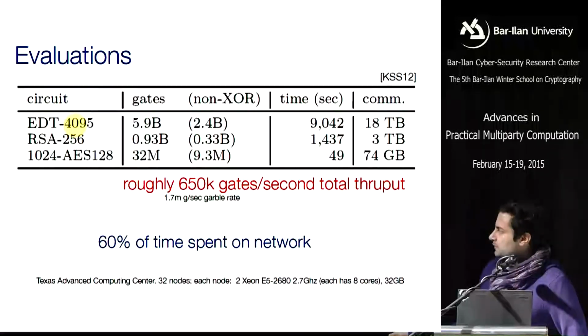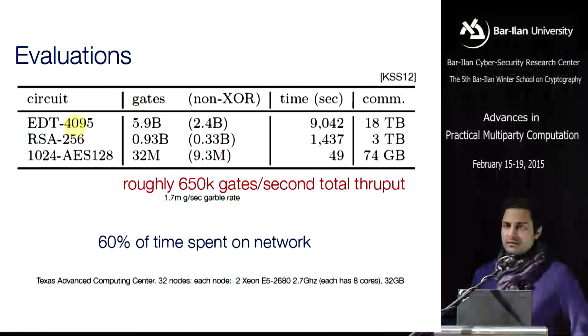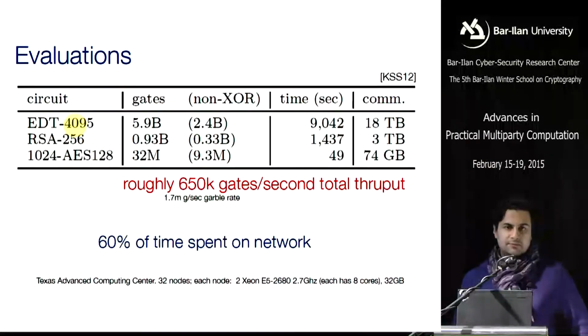And for a particular system, we could basically get around 650K gates per second. The garbling was much faster. Now this number is more like 1 million, based on some optimizations of this implementation. Most of the time is spent in communication.